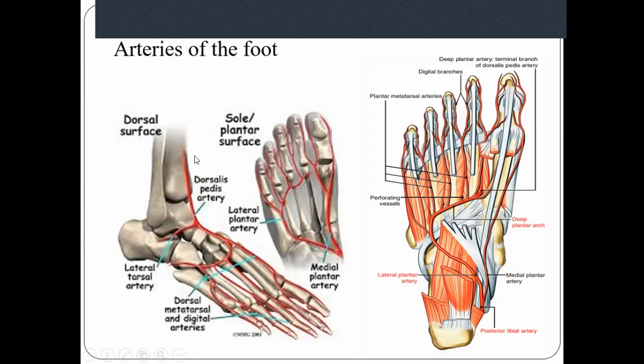The sole is supplied mainly by the lateral plantar and the medial plantar arteries. And the dorsum is supplied by the dorsalis pedis artery, and it gives rise to the arcuate artery also and the digital arteries.